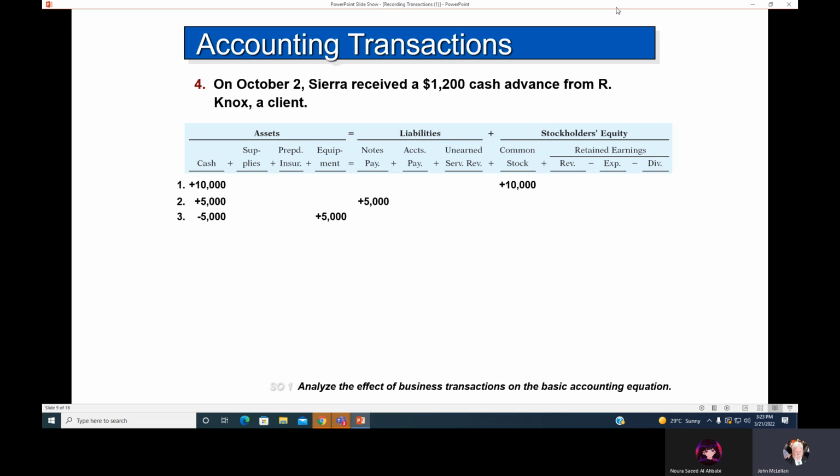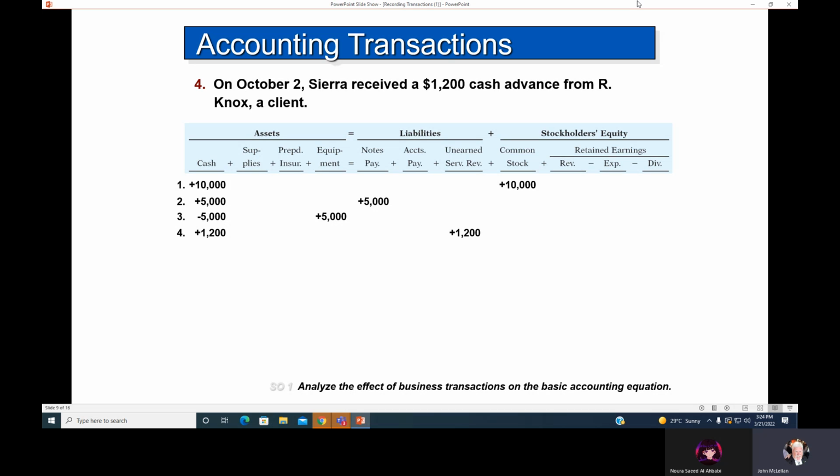So you see, I have a liability to provide that service, and we call that liability unearned service revenue. I have the cash, so my cash increases. However, I have a liability, so my liabilities increase. And that always is unearned revenue.